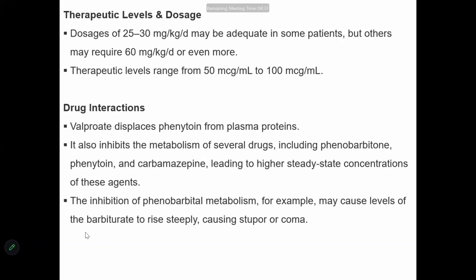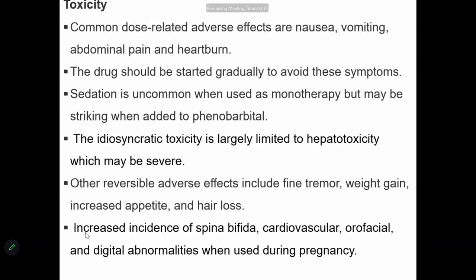And that leads to higher steady state concentrations. So effectiveness cannot be achieved well with these other drugs. For example, if you give it together with phenobarbital, it may cause the levels of barbiturates to rise steadily, and that may make the patients go into coma. In fact, you're not supposed to use this drug together with phenobarbital.